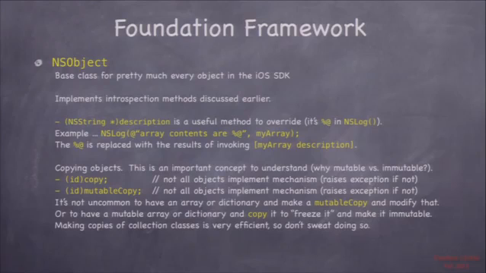Copy means give me an immutable copy. You understand that? Again, certain classes implement this, and NSObject really does not. You would have to implement it yourself if you wanted your objects to be copyable, which is pretty rare, by the way. You're really not generally doing that.